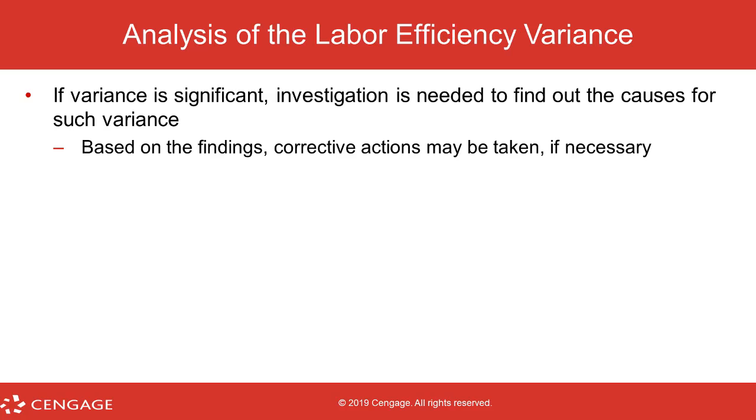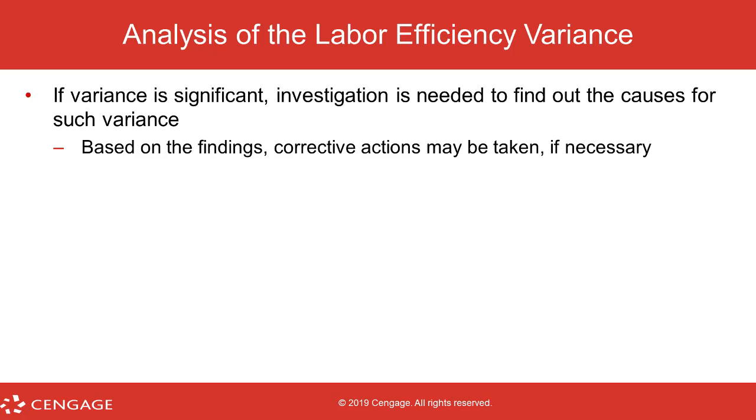So if you as a manager determine that there's some type of significant variance in labor efficiency, it's either taking us longer than expected or a lot less time than expected, then we need to find out why. Why might something take us less time than we expected it to? Well, maybe we're not recording our hours properly. Maybe we have become more efficient through some type of automation.